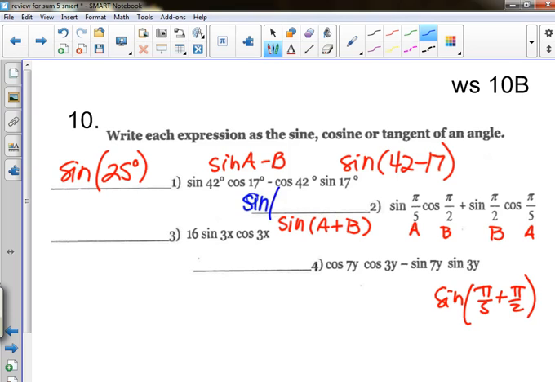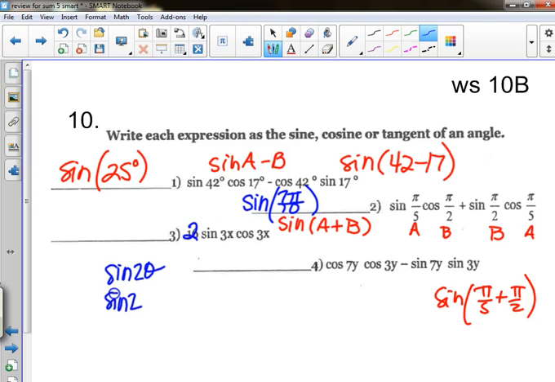Somebody typing? Thanks. All right. Oh, this is evil. I didn't put this on the quiz. Anybody know what this would be? If it said this, 2 sine 3x, cosine 3x, it would be what? Is there one that says 2 sine cosine? Sine 2 theta? But our theta is what? 3x.